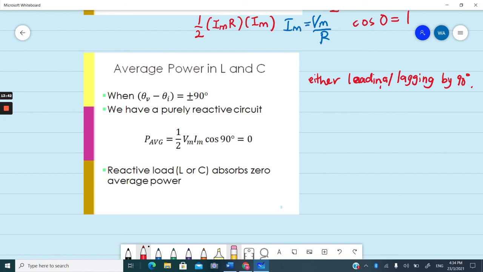In chapter 2 we mentioned this: either the capacitor is leading or lagging, or the inductor is leading or lagging, by 90 degrees.